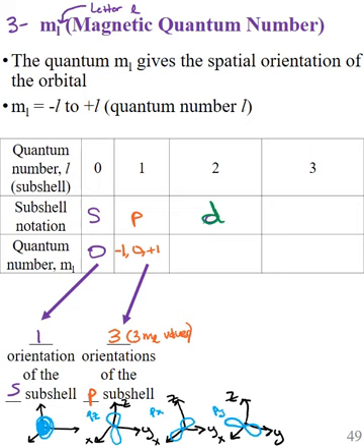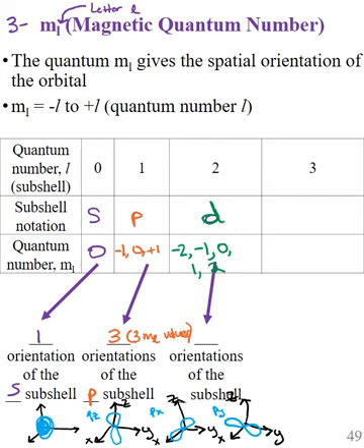Well, because it can have any values between negative L to positive L, in our case, L is 2. It can have any values from negative 2 to positive 2. So that would include negative 2, negative 1, 0, 1, and 2. Okay, now how many orientations could the D subshell have?